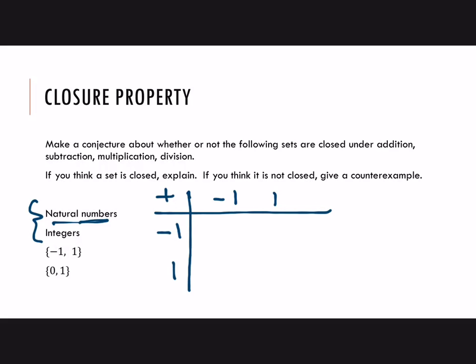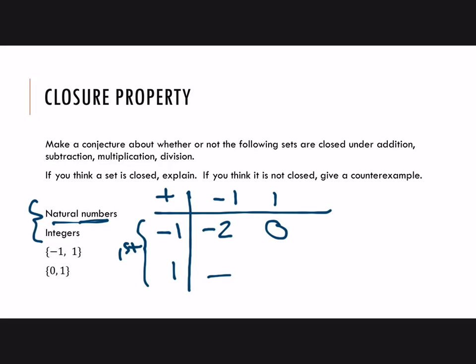Now the left side, to do these in order, you start with this number first, and then to it you add the number along the top. All right, so for example, right here, I'll put the answer to -1 plus -1. Okay, and that's -2. Then here, this is -1 plus 1.